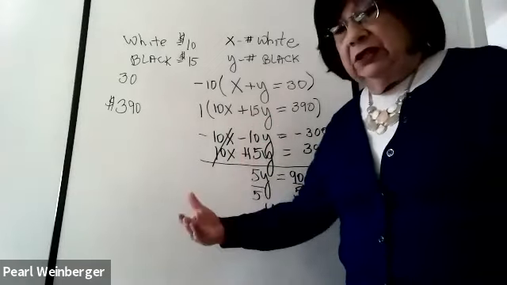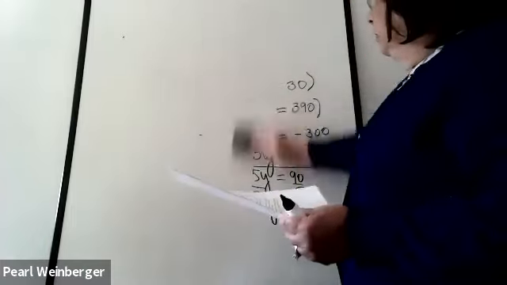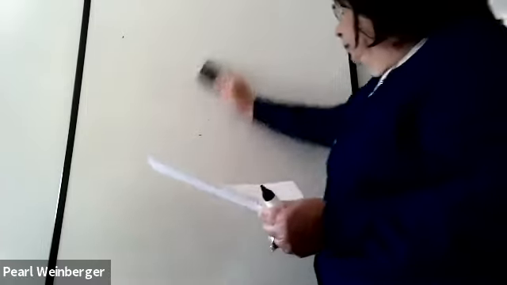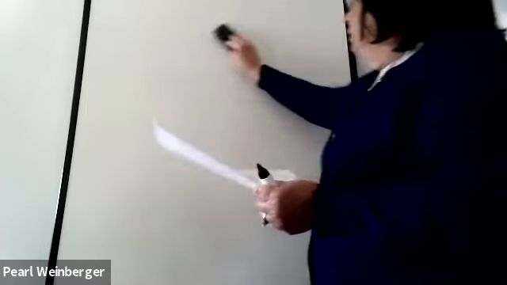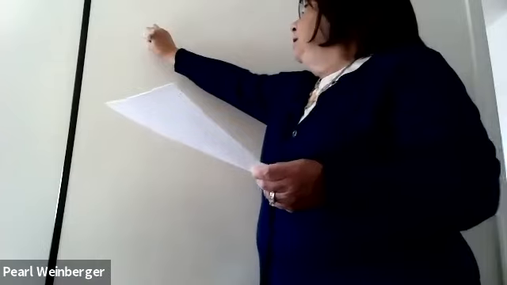So let's do the last question, number 10. Which is a little bit different than the one before. Number 10 tells me that the perimeter of a rectangle is 10 meters.